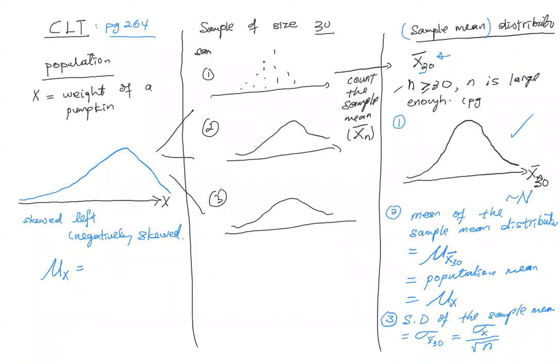I find their mean. I'm not talking about the individual weight of a pumpkin. I'm talking about the mean weight of a sample of 30 pumpkins. So that is called the sampling distribution. You are not talking about the individual data. You are talking about the sample.